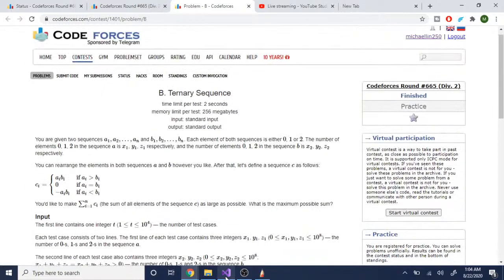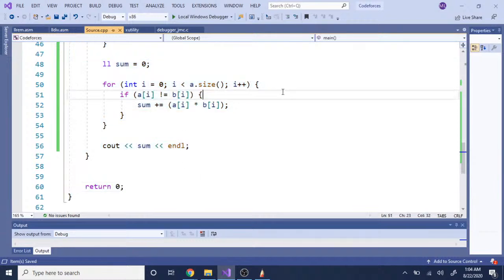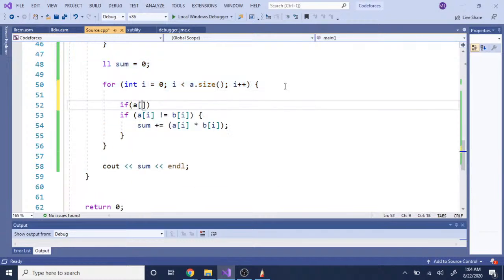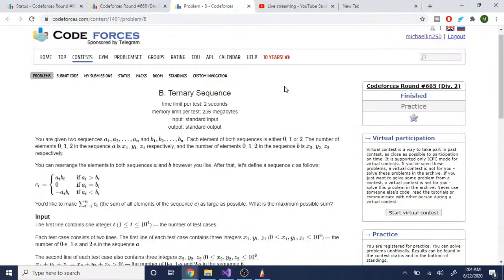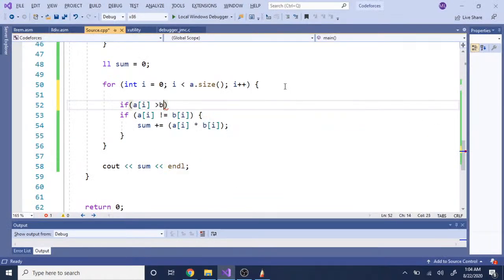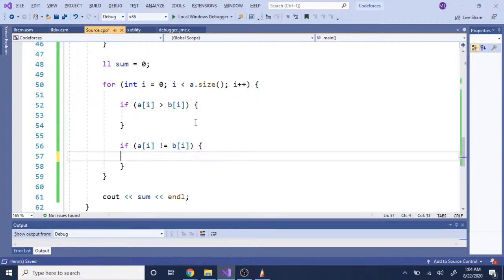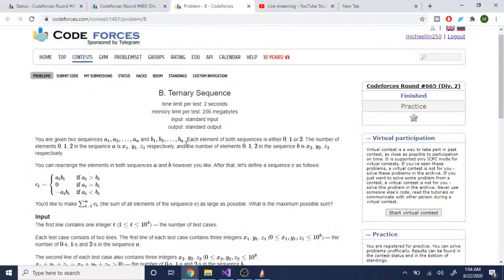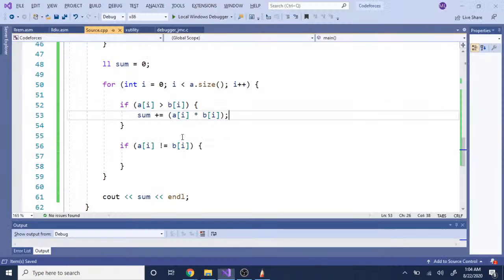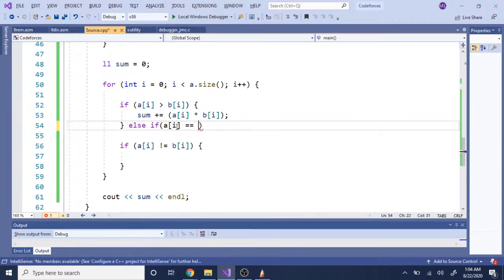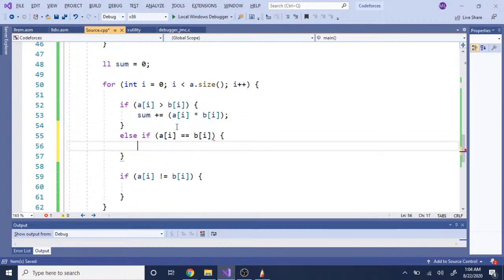Okay, let's just make sure that our summing it up is right. Let's actually follow this. If it's greater, let's sum it out like this. If it's equal, oh yeah, our issue. If it's equal, we sum 0, so we just do 0.